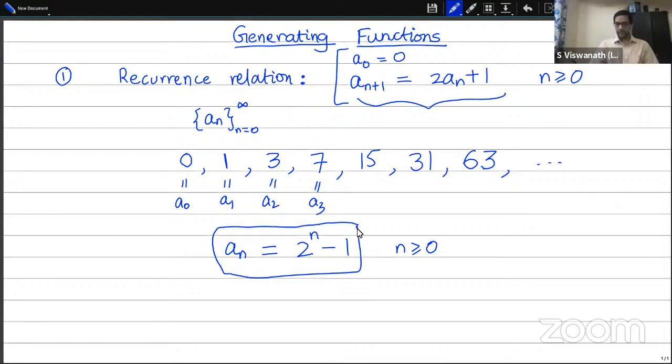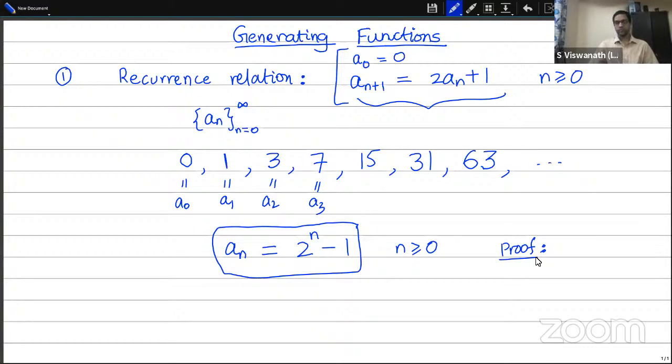In fact, there are ways of proving that this is what the answer is. For example, what's the most obvious way to prove that this is the answer? We want to prove this formula. At the moment this is just given by observation, right? We're just observing the pattern and saying this is what it must be.